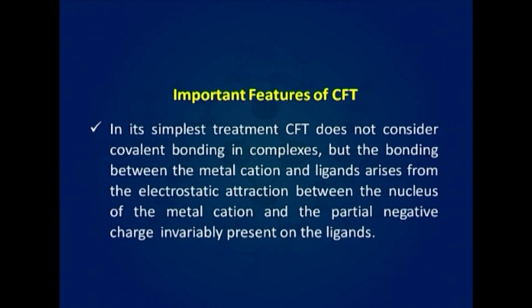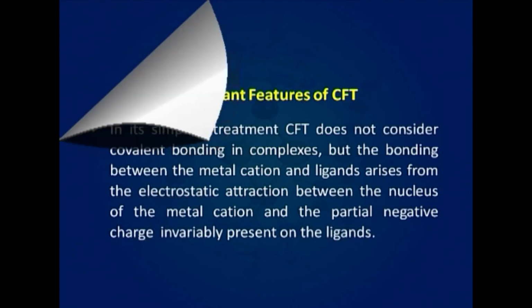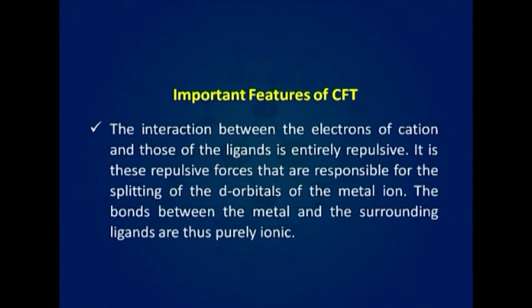In its simplest treatment, crystal field theory does not consider covalent bonding in complexes, but the bonding between the metal cation and ligands arises from the electrostatic attractions between the nucleus of the metal cation and the partial negative charge invariably present on the ligands. The interaction between the electrons of the cation and those of the ligands is entirely repulsive. It is these repulsive forces that are responsible for the splitting of the d orbitals of the metal ion.